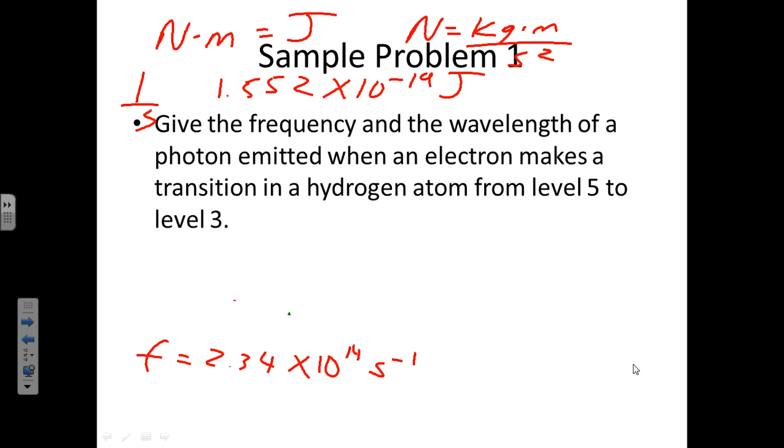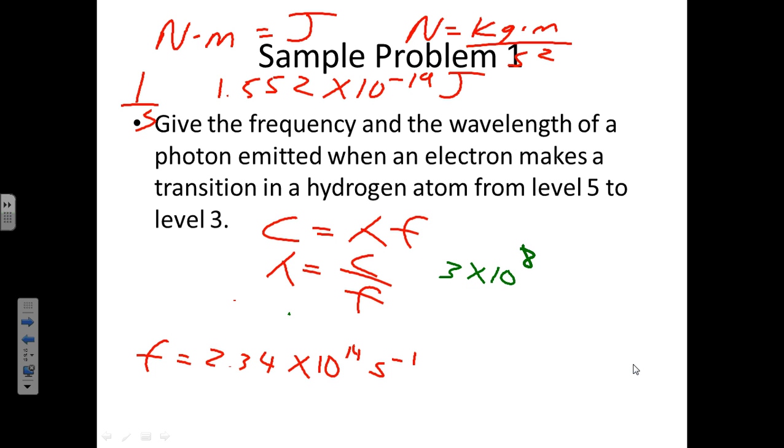Remember, the way that we're going to calculate the wavelength is c equals wavelength times frequency. So if we rearrange, wavelength would equal speed of light divided by frequency. And for our purposes, speed of light, we're going to use 3 times 10 to the 8th meters per second.